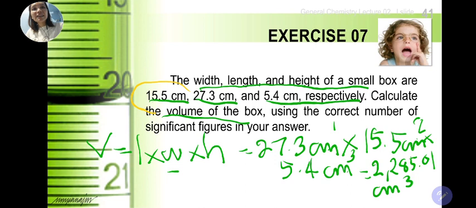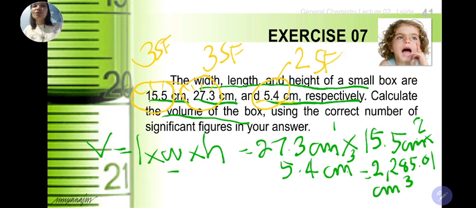This one has 1, 2, 3, 3 significant figures. This one has 1, 2, 3 also, 3 significant figures. And this one has only 2. 1, 2. 2 significant figures. So, it means our answer should only have 2 significant figures. So, alin lang matitira? Ito lang.